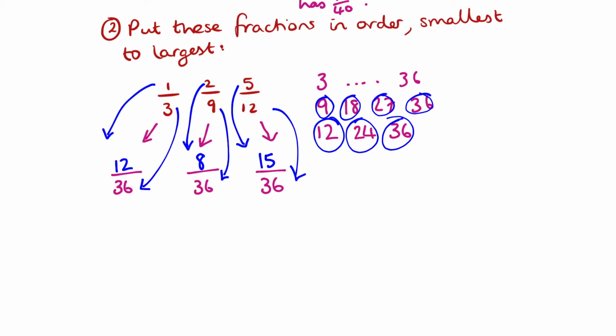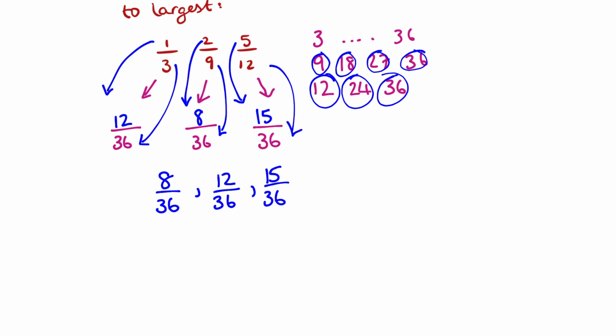So if we put them in order, smallest to largest, then we've got 8/36, then 12/36, and then 15/36. In other words, the 8/36 was the 2/9, the 12/36 was the 1/3, and the 15/36 was the 5/12.